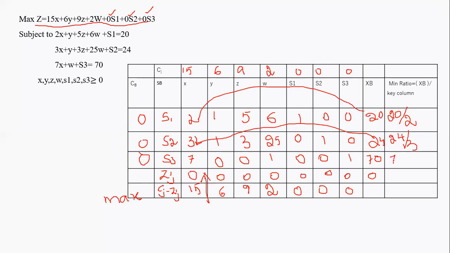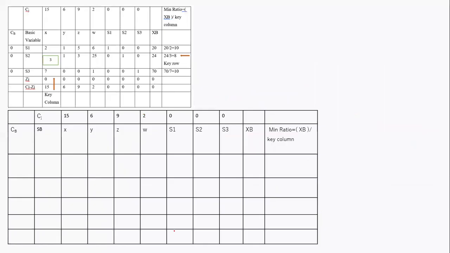Similarly, we will have 70 divided by 7. Once we calculate, we have 20 divided by 2, 24 divided by 3, 70 divided by 7. So find the minimum among these, the minimum ratio.